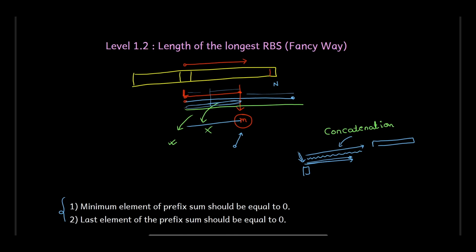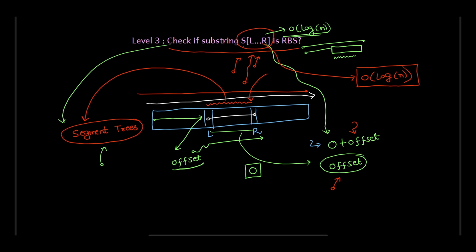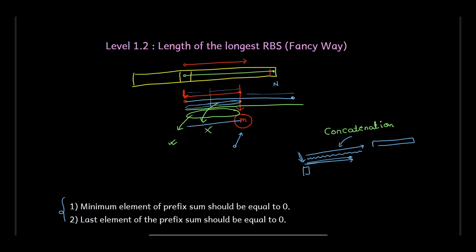So this means that we can now do a binary search on this entire string, and for every binary search step you would have to use your previous sub problem, that is, can you quickly check whether this substring is RBS or not, and we already know that there is a way to do it via data structures in O(log n).